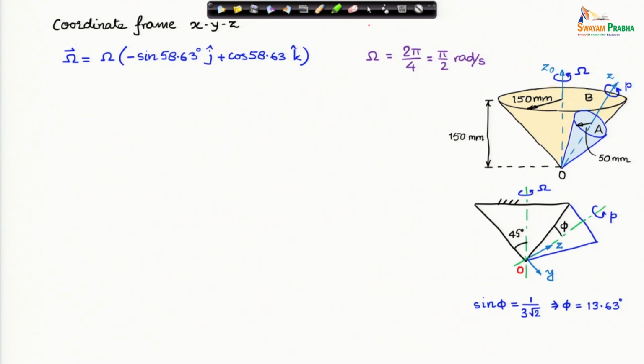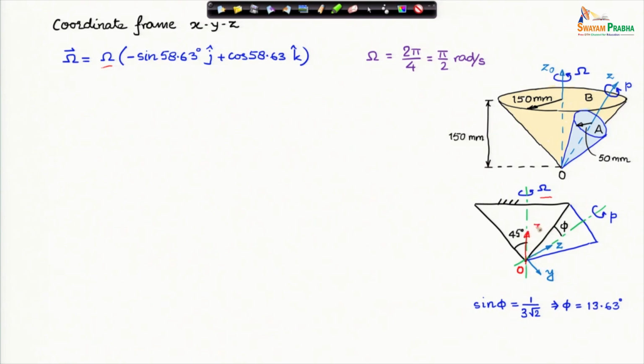Now, we are going to express all the vectors. Omega is the precessional angular velocity. This is how the spin axis is rotating about the inertially fixed z naught axis. This angular velocity is capital omega, and capital omega is the magnitude of omega times the unit vector expressed in x, y, z frame. Therefore, I have to represent this unit vector.